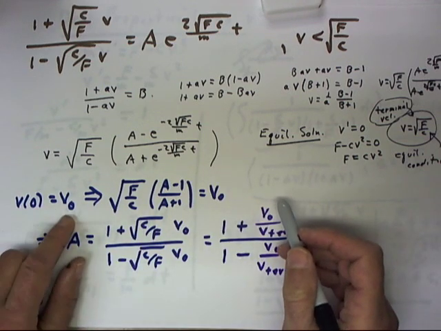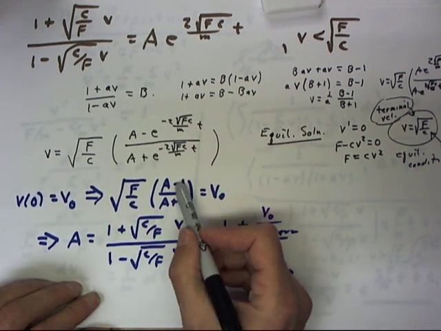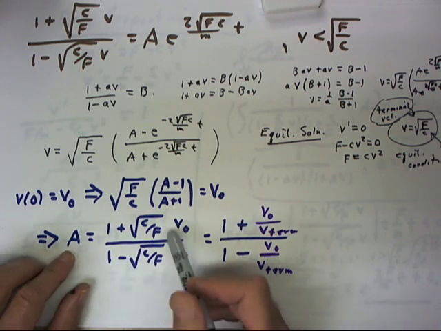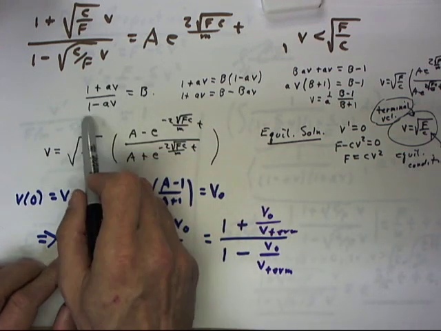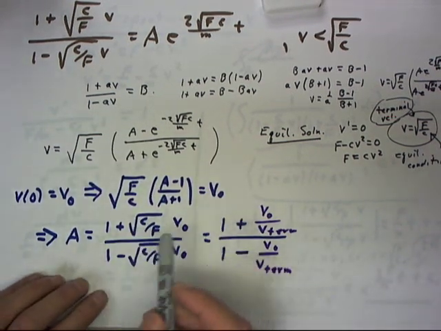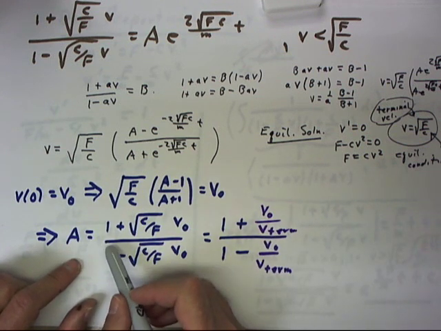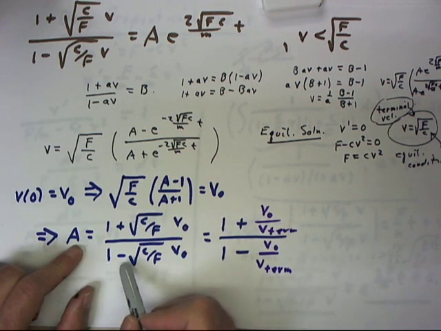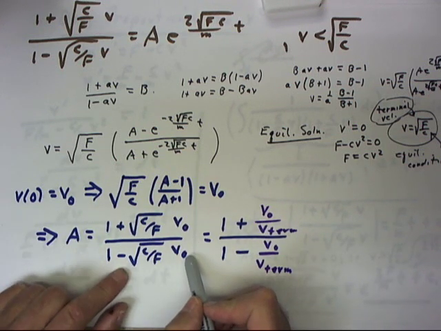And our condition v(0) = v naught becomes an equation that we can easily solve for A. The technique is almost identical to the one we used in solving this equation, so I'm not going to go through the details. But I will observe that our solution is A = (1 + √(c/F) v naught)/(1 - √(c/F) v naught).